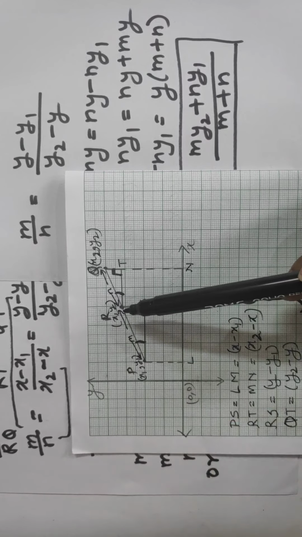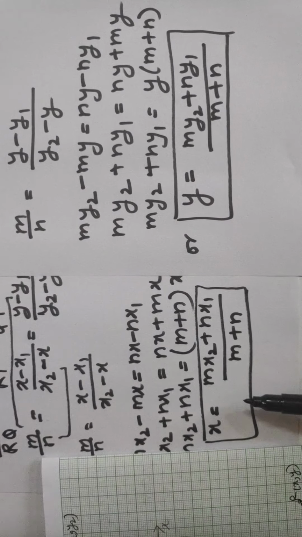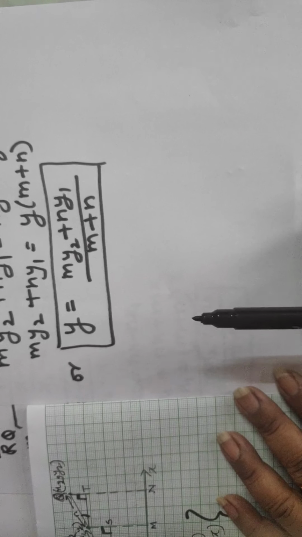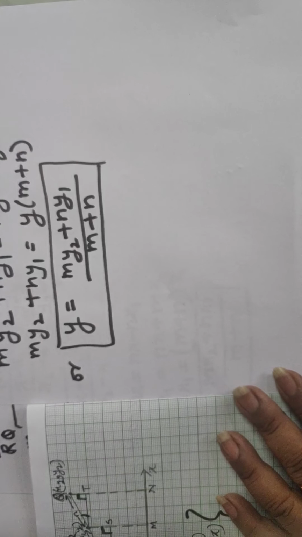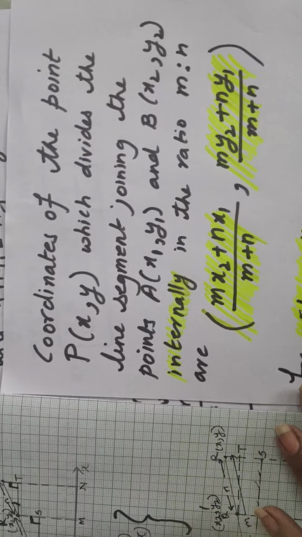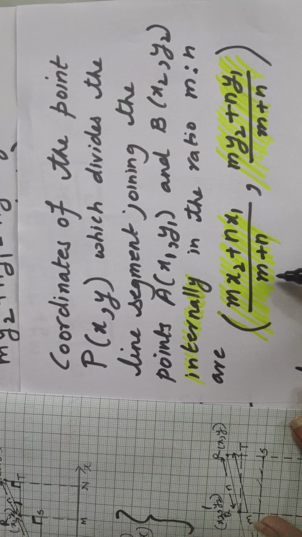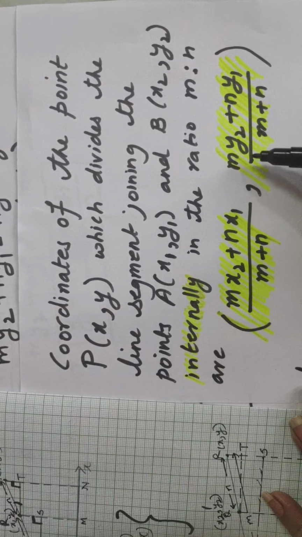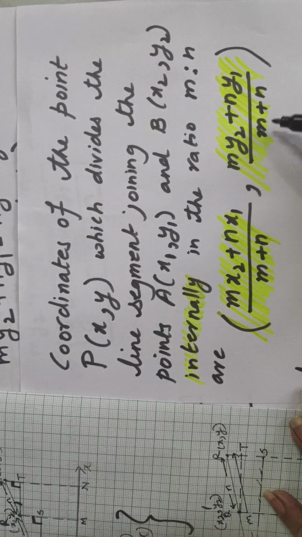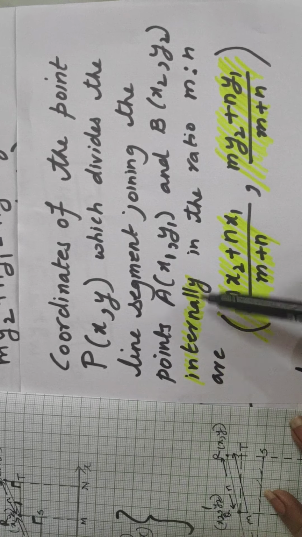When it divides internally, the coordinates are mx2 plus nx1 upon m plus n, comma, my2 plus ny1 upon m plus n, when the point divides the line segment internally.